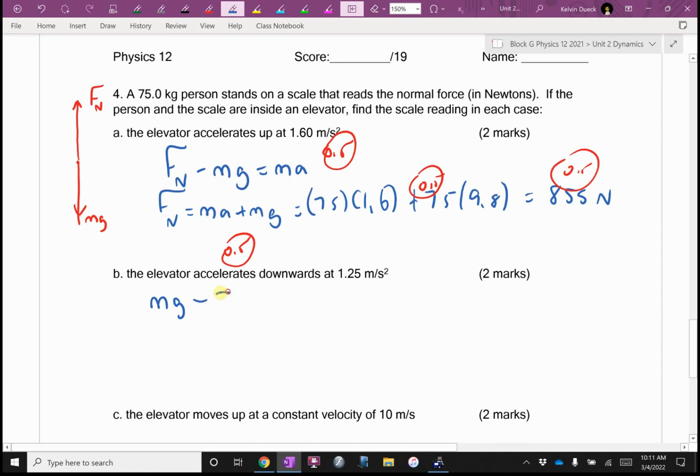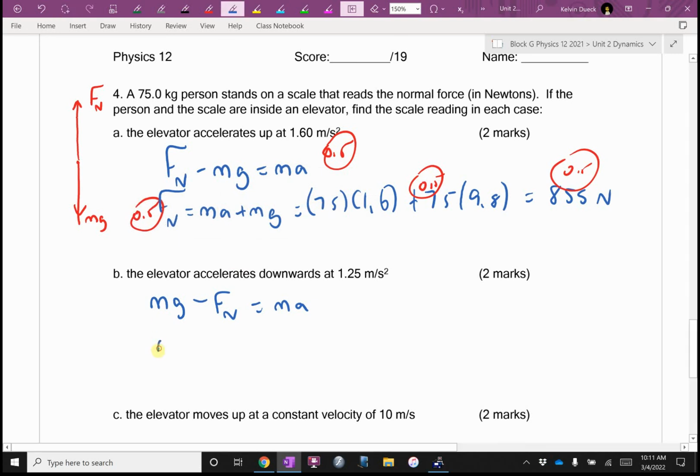mg minus normal force equals ma. Why did a whole line suddenly move up there? That was a little weird. Okay. Is that 0.5? Let's put it, I don't know, right about there, let's say. Weird.